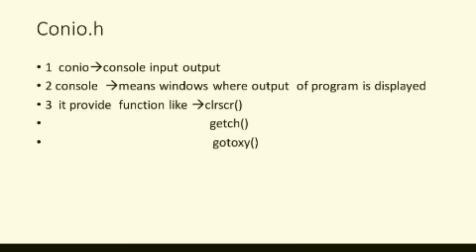The clear screen function is used for clearing the console window. getch is used for pausing the console window where we get the output. To see the output we use the getch function, and gotoxy is used for setting the cursor position on the console window.